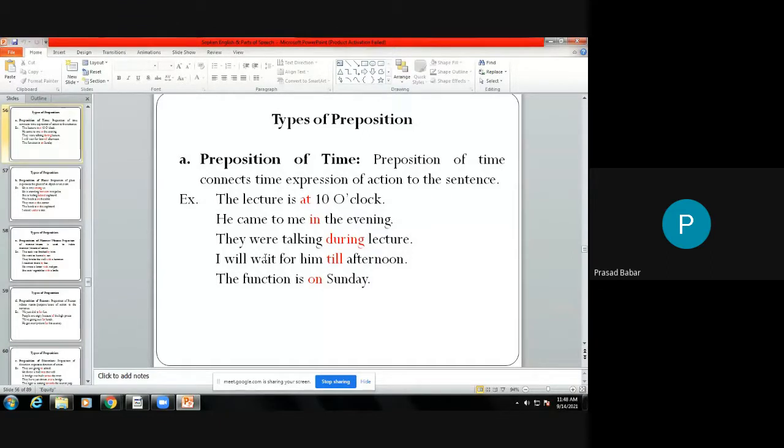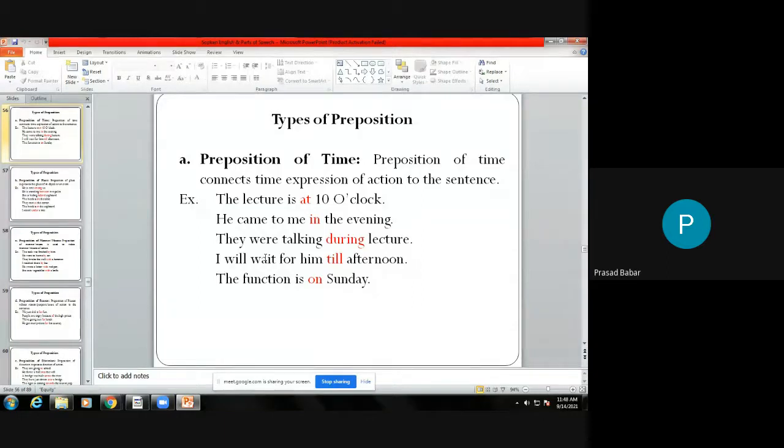So "at" here works as a preposition of time, because it is directing towards the timing of that lecture.